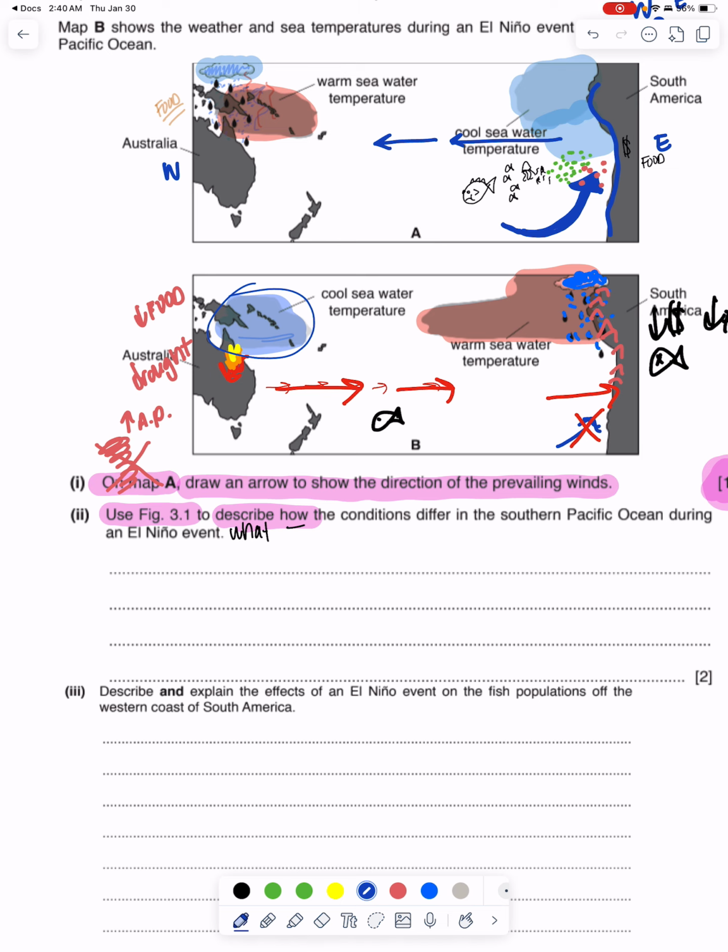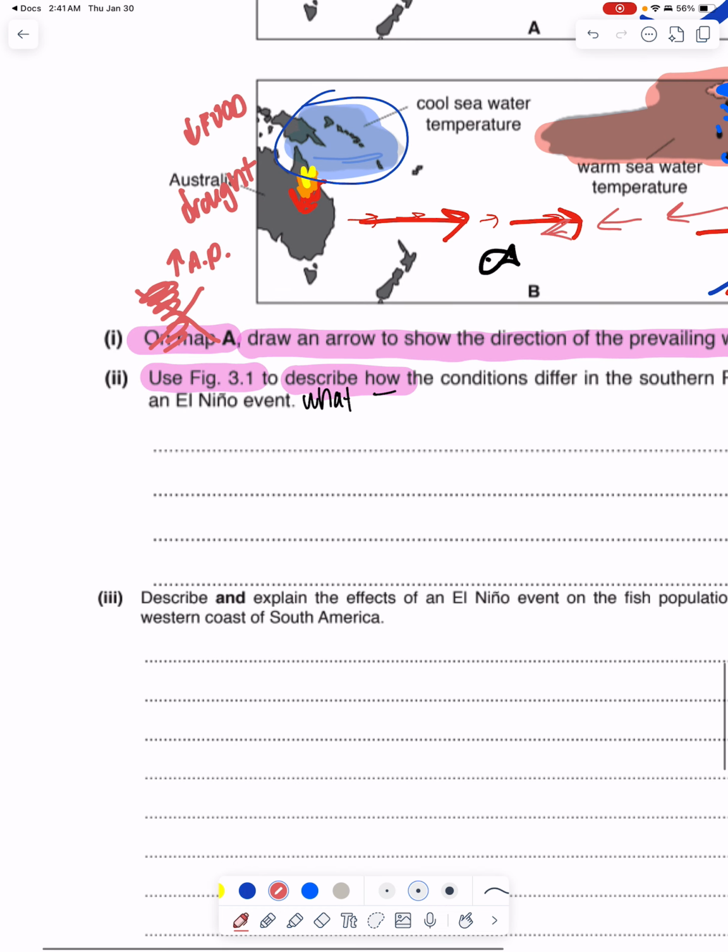The temperature could be warmer in Australia if their picture looked like the winds were just weakened. When we're talking about this, we need to have a comparison. So like, how is it going to be different?